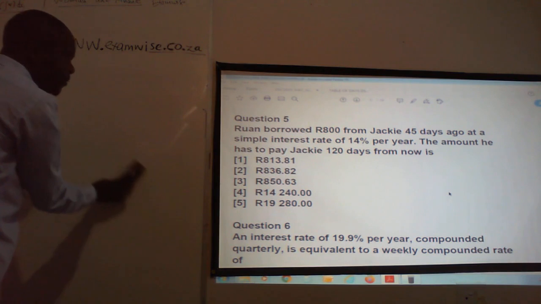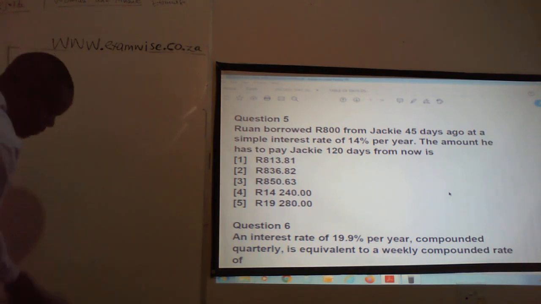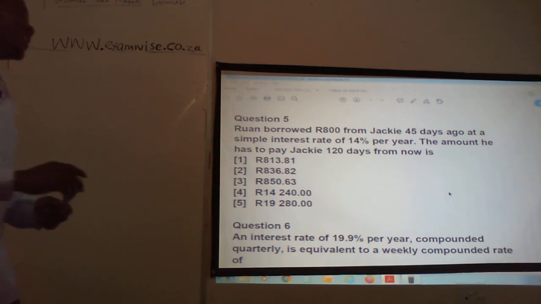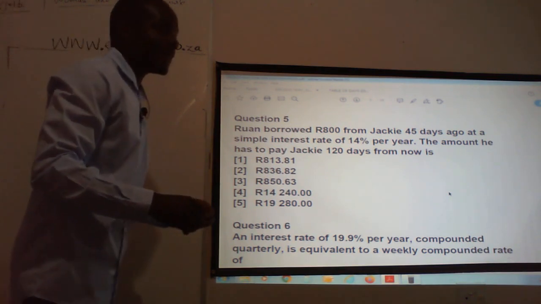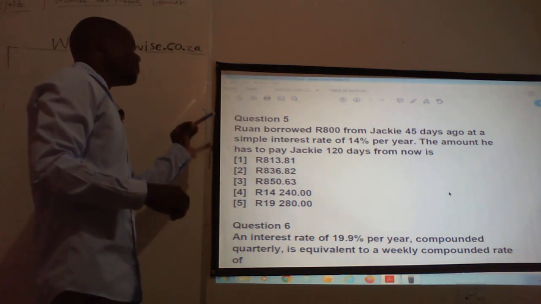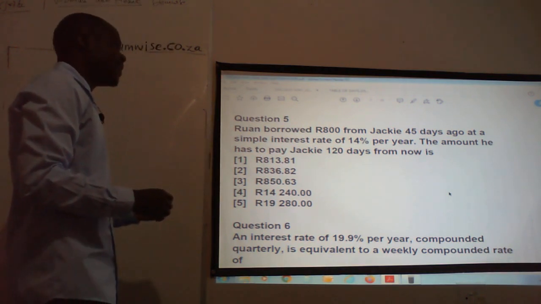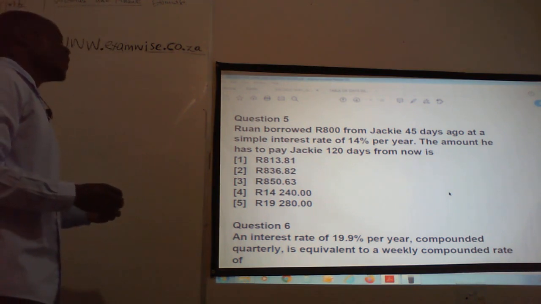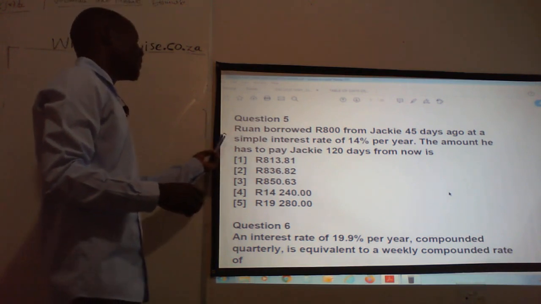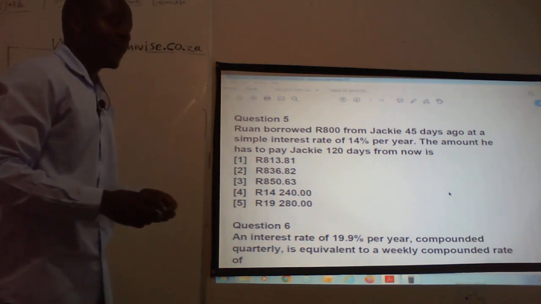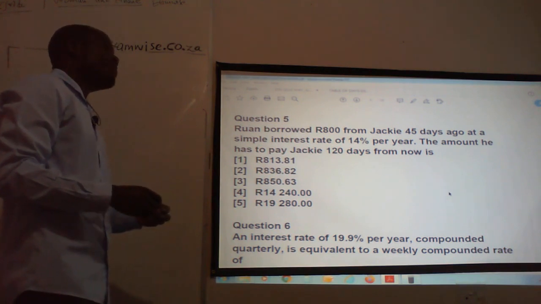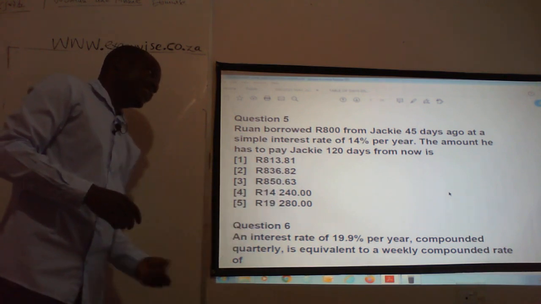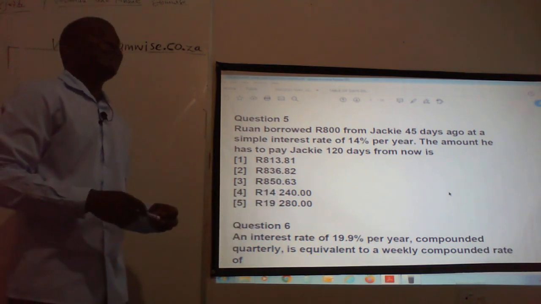The amount he has to pay Jackie 120 days from now is... So Ruben borrowed 800 rand from Jackie 45 days ago at a simple interest rate of 14% per year. The amount he has to pay Jackie 120 days from now is.